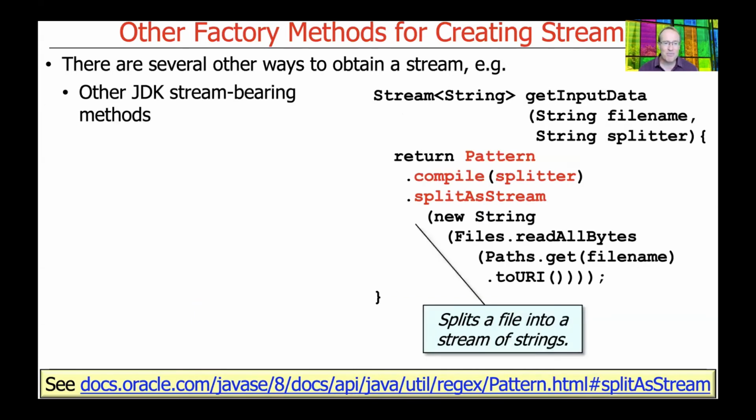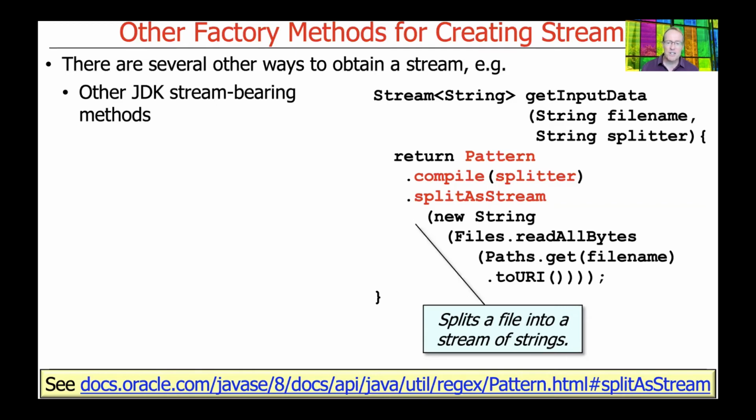There's also some other stream-bearing methods that have been integrated into Java. Here's one of the ones I use a lot. This one is part of the regular expression package. And what you can do is you can compile a regular expression, and then you can say splitAsStream, and you give it a string, and then it'll go ahead and create a stream that uses the regular expression to split the string up into chunks that correspond to the elements in the stream.